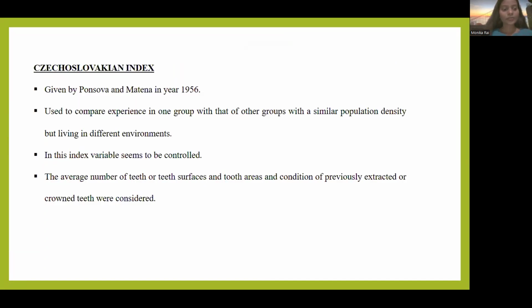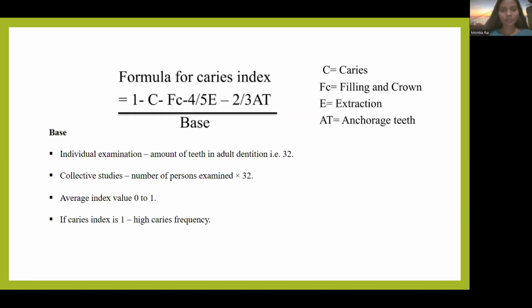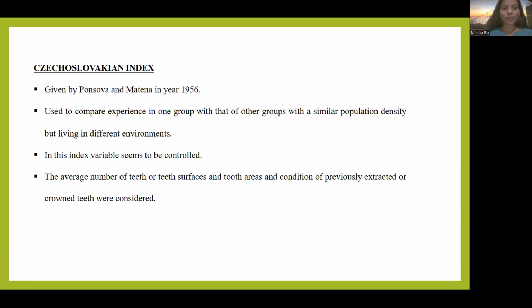Next one is the Czechoslovakian index. The Czechoslovakian index is also known as the Czechoslovakian Caries Index, which was given by Ponsova and Matina in the year 1956.